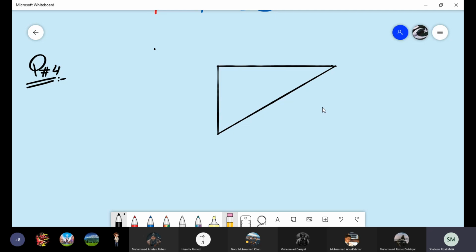This is a right angle triangle. The triangle name is triangle LMN. The length of LM is given, that is 15.5, and the 90-degree angle is at point N.